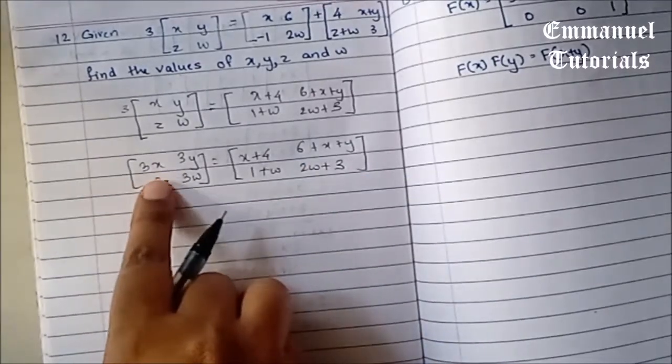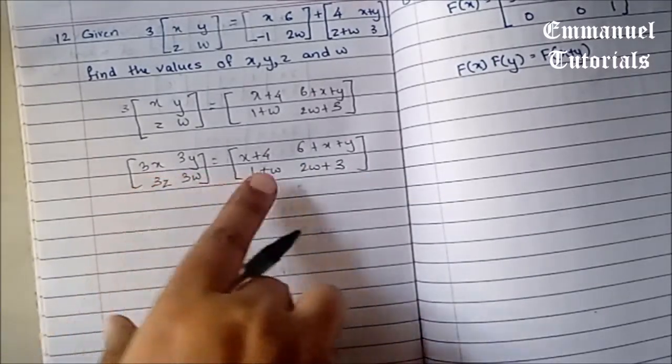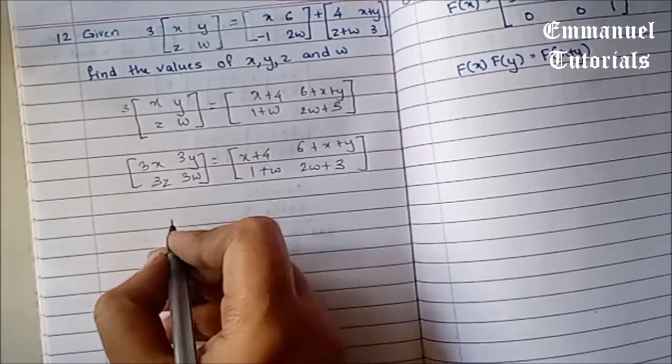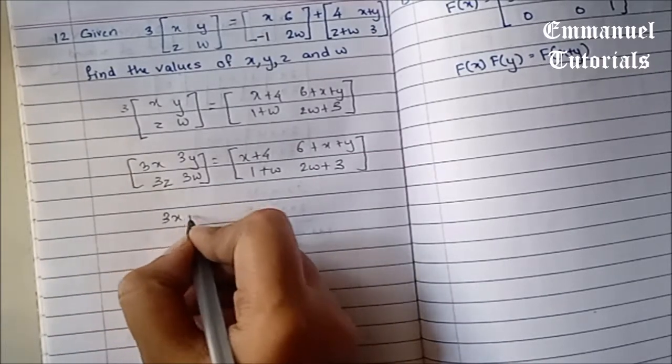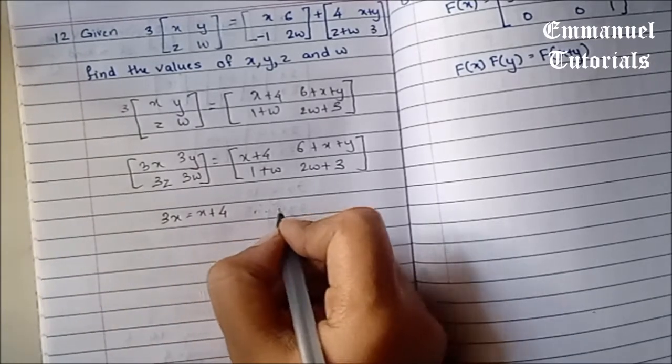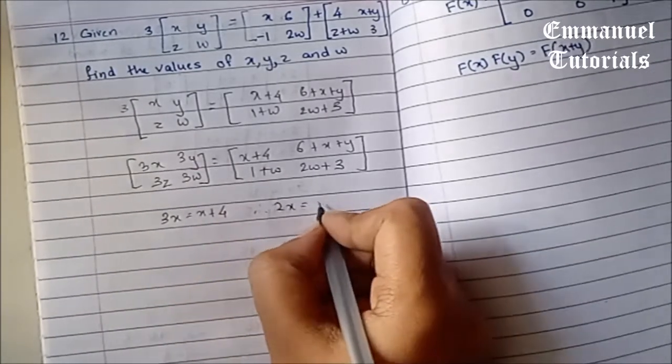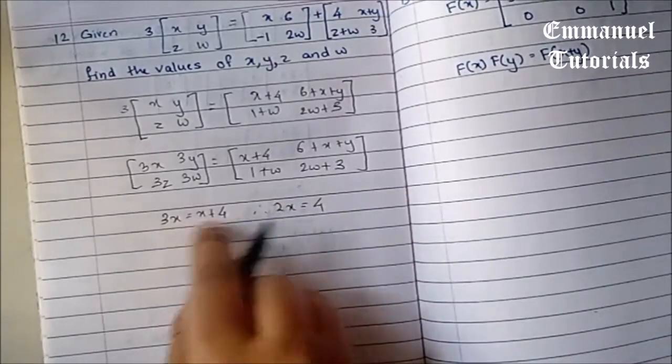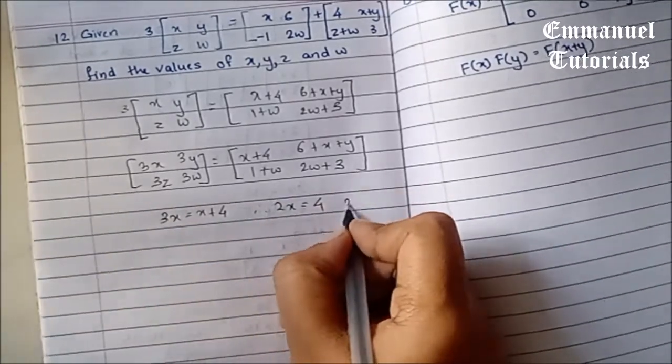Now we'll equate the elements on the left hand side matrix with the elements on the right hand side matrix. So 3x is equal to x plus 4. Therefore 2x is equal to 4, because 3x minus x is 2x. So x is equal to 2.